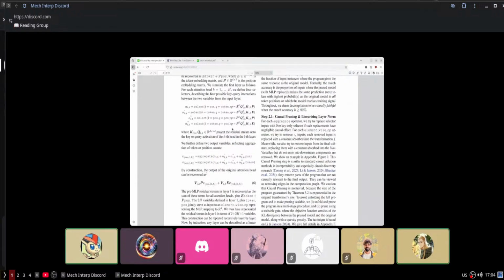Okay, for each attention head there are 4 selectors. You can see examples here of what the queries are. For the first one, the keys are the positional encoding and the queries are the tokens. So it's the positional to the token, the token to the token, the positional to the positional, and the token to the positional. Okay, makes sense.